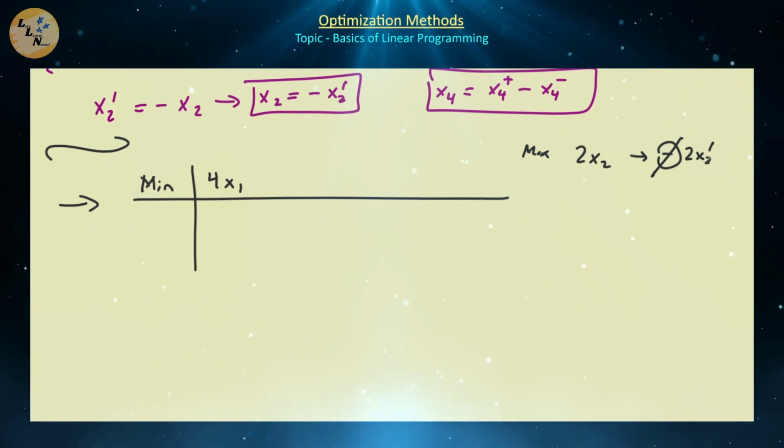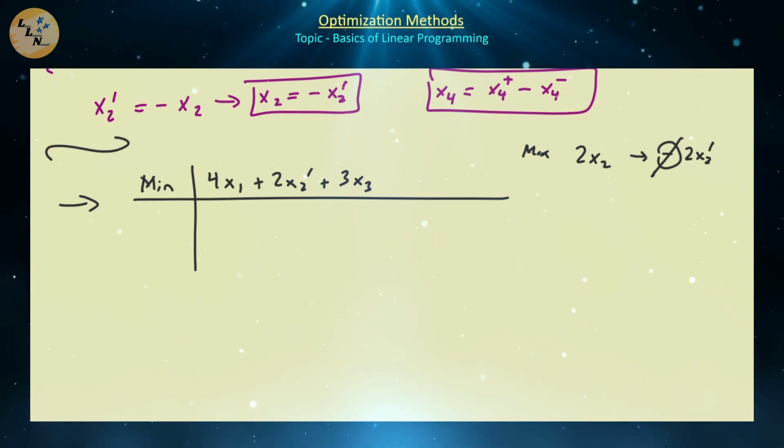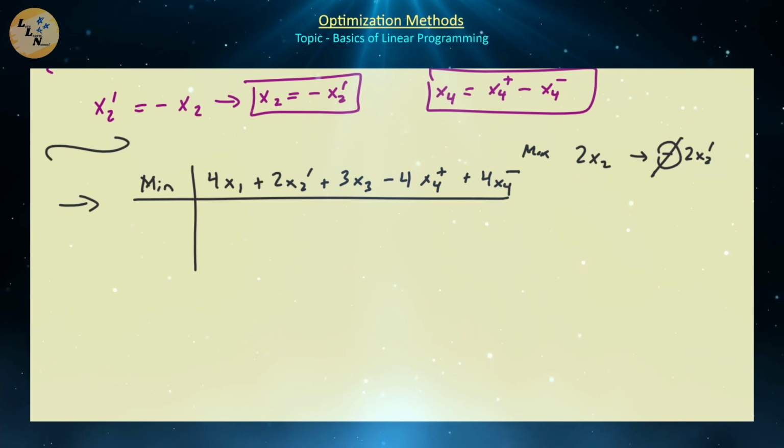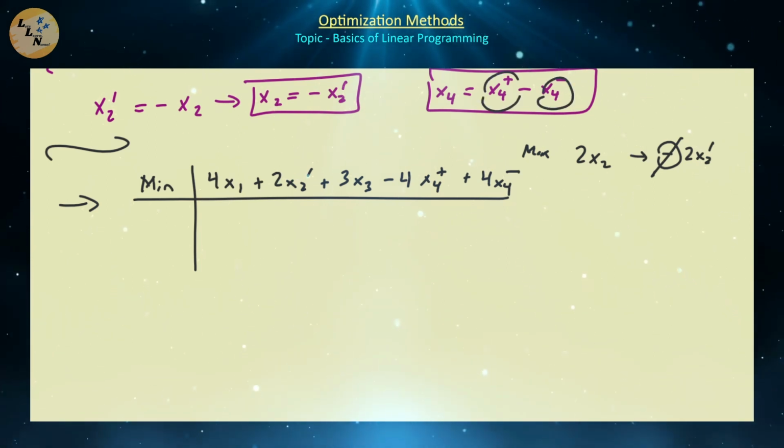So this is going to give us 2x2 prime plus 3x3, and similar logic is going to apply to our x4 terms, in particular minus 4x4 plus 4x4 minus. Because it used to be plus minus in our original substitution, then when we reflect it, that's going to be minus 4 and plus, and we're deleting our constant term at the end, so we don't need to worry about that.